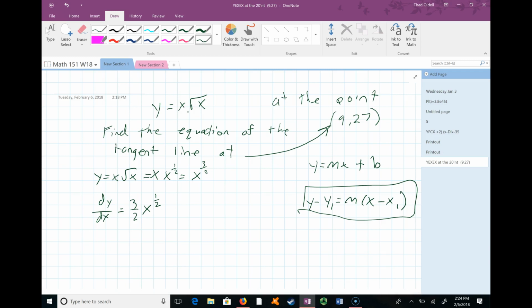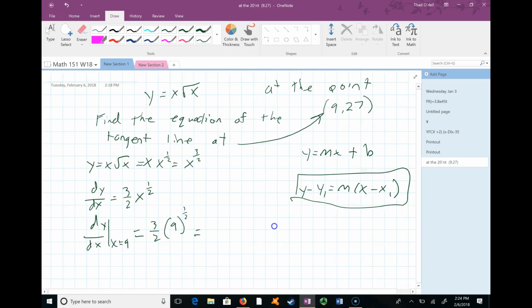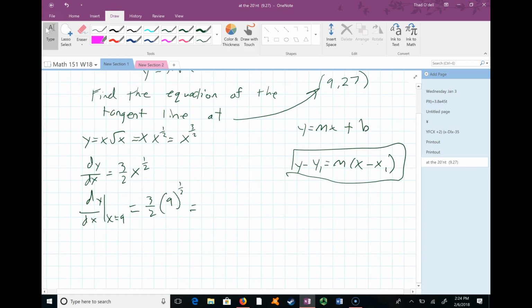So what I want to know is the slope at x equals 9. That'd be 3/2 times 9 to the 1/2 power. Of course, 9 to the 1/2 power is 3, and 3/2 times 3 is 9/2.